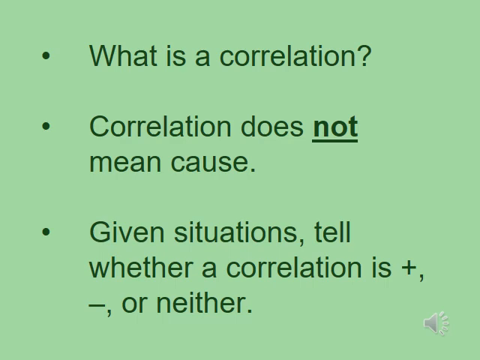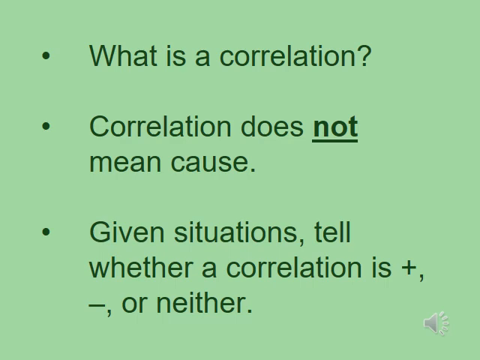You want to be able to look at different situations and tell whether something is a positive, negative, or no correlation problem. You had a question on your quiz where it said, for example, if you looked at the temperature outside and how much people spend to heat their home, is that a positive, negative, or no correlation? That is most likely to be a negative correlation.